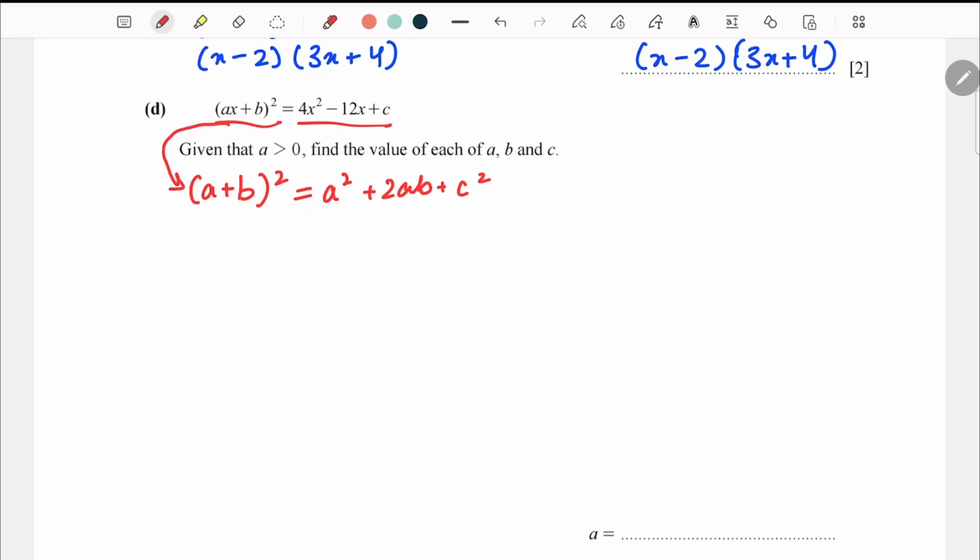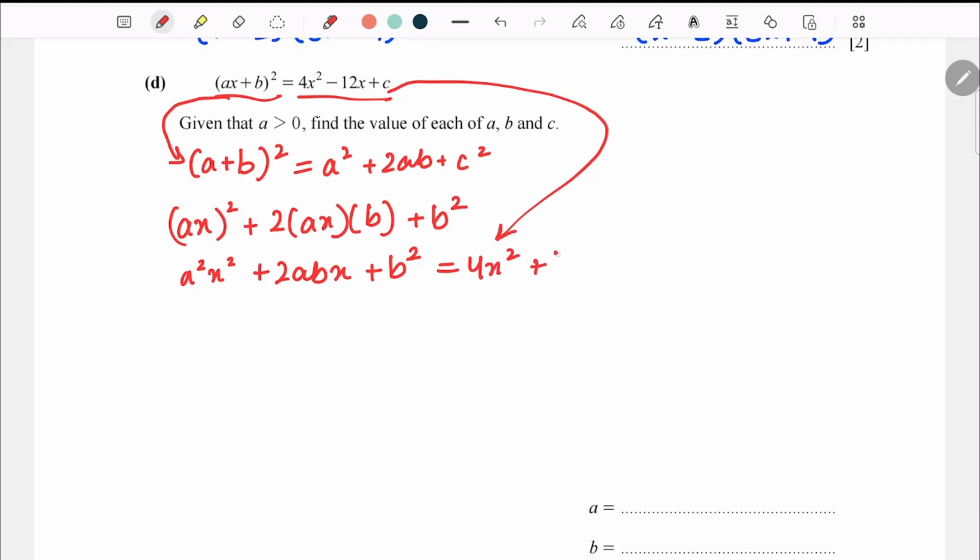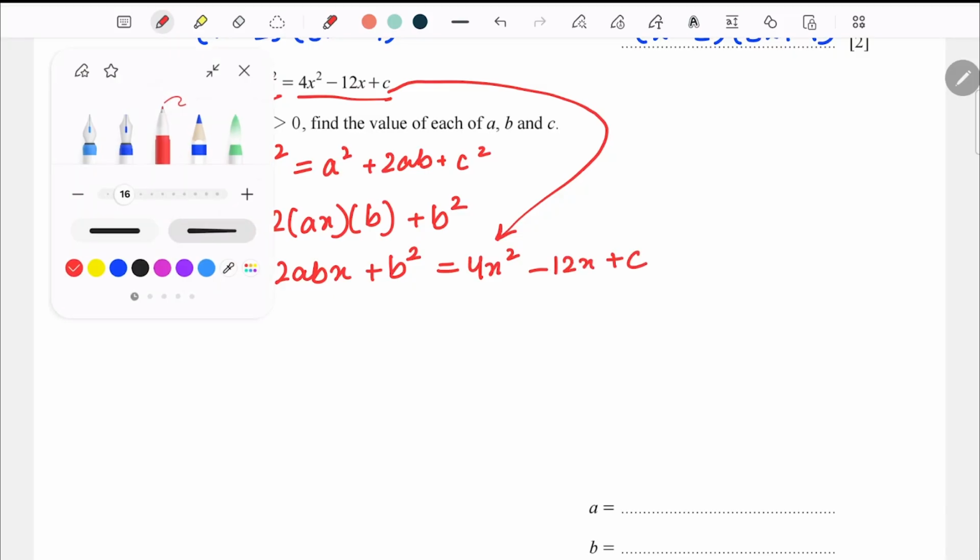I'll put this general formula on the bracket: ax whole square plus 2abx plus b square. When I simplify this, I get a square x square plus 2abx plus b square. And this will be equated to this equation, which is 4x square minus 12x plus c. Now I'm going to compare all the coefficients.